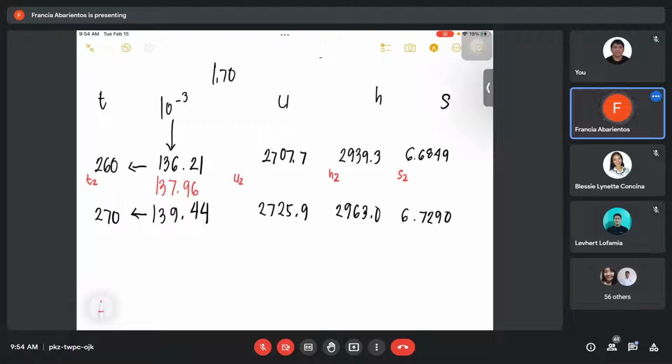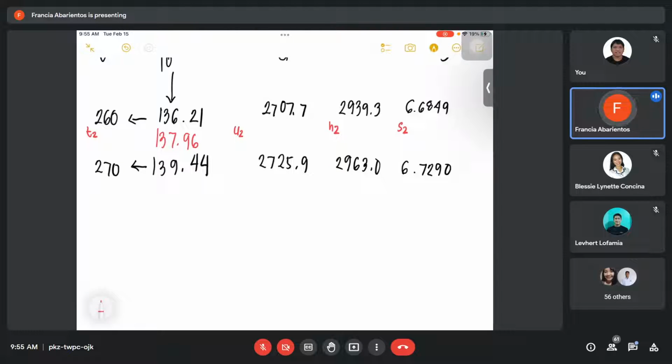So, you can now interpolate, class, using this. Okay? So, paano yung pag-interpolate natin? You can use this general formula. Sabi ko nga, A, B, C, and Y, X, Z. So, B minus A over C minus A equals X minus Y over Z minus Y. First is yung palagi natin sa right side kasi yung given sa atin is yung specific volume.